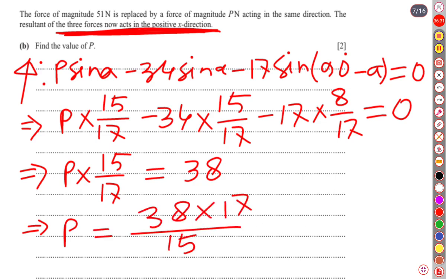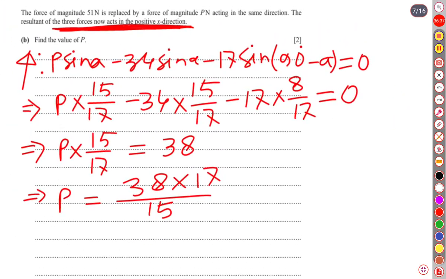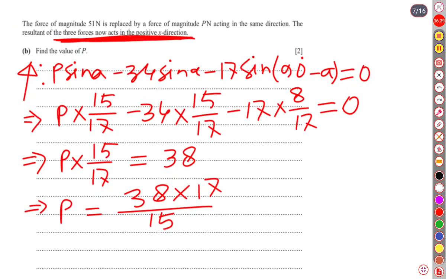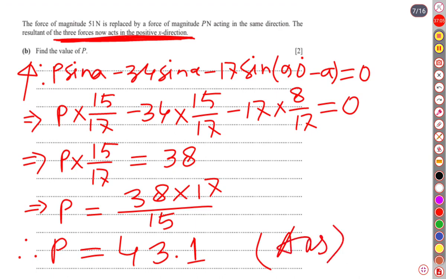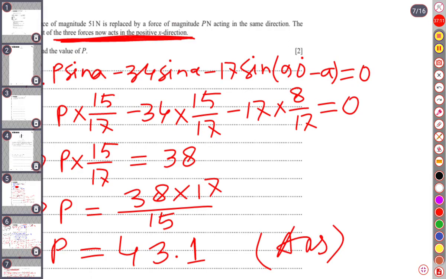Using our calculator, 38 times 17 over 15 is 43.06. Rounded to three significant figures, the value of P is 43.1. So that's all about the whole solution.